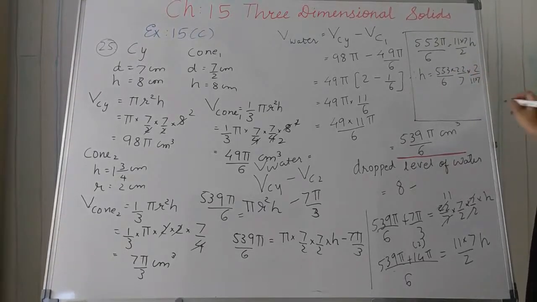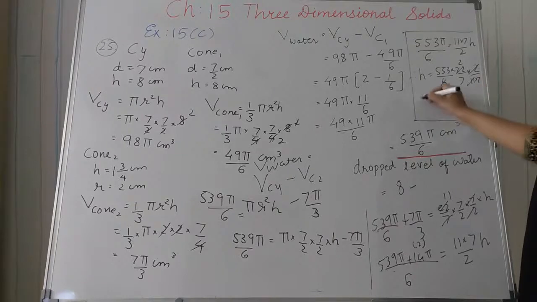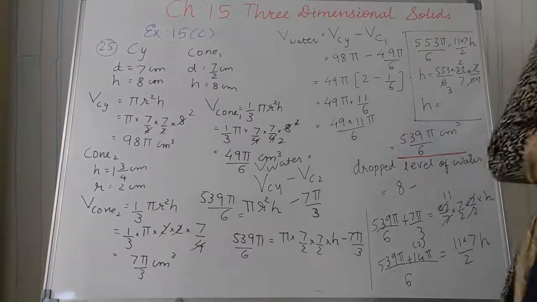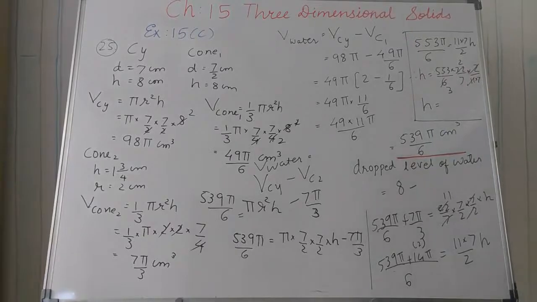All this right. Now 11 2s are here. This is 2 3s are. Now it is difficult to cut. So finally h value, we found here 553, that is already.